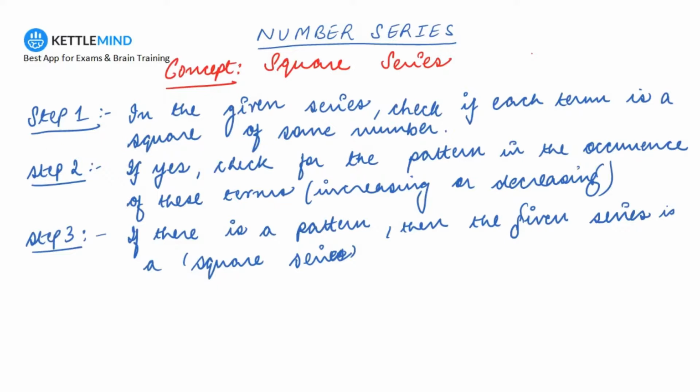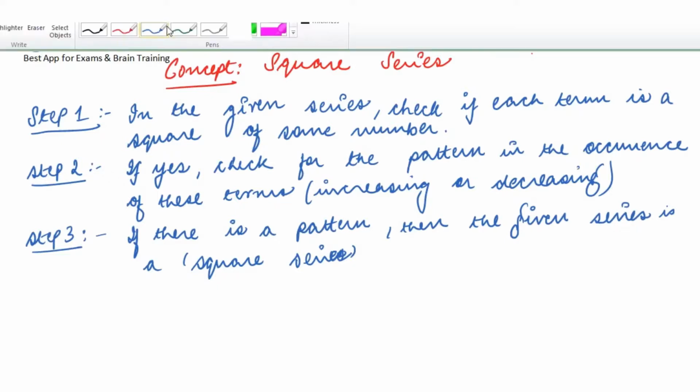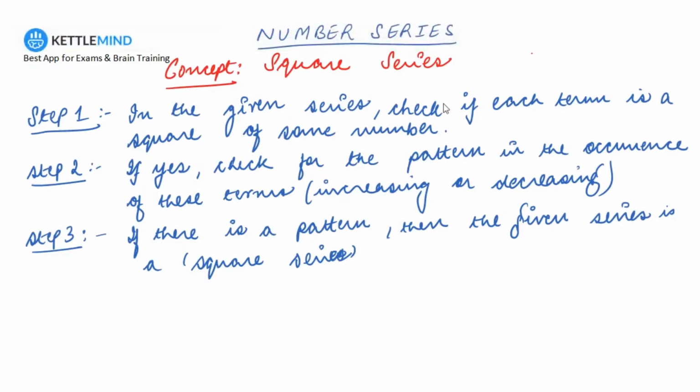So let's start. The first step says in the given series, check if each term is a square of some number or not. If yes, then check for the pattern in the occurrence of these terms, whether the terms are increasing or decreasing. There must be some pattern, right?